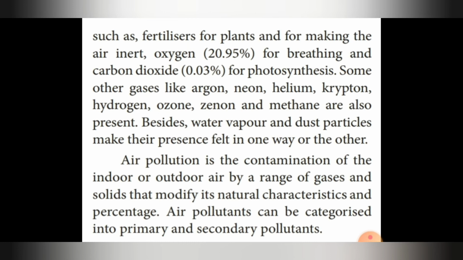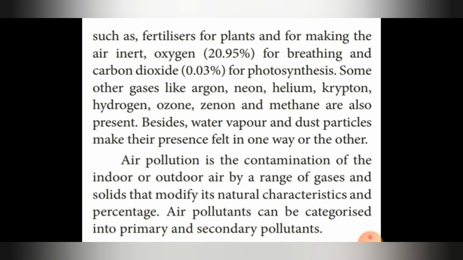Some other gases like argon, neon, helium, krypton, hydrogen, ozone, xenon and methane are also present. Besides, water vapor and dust particles make their presence felt in one way or the other.